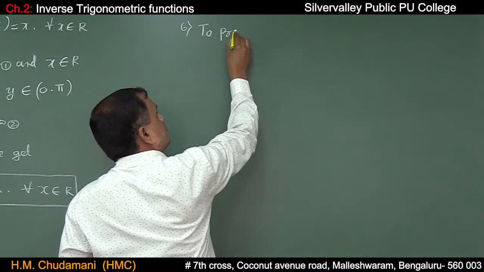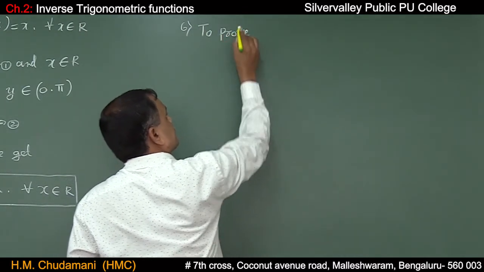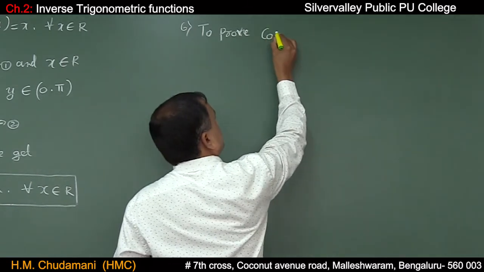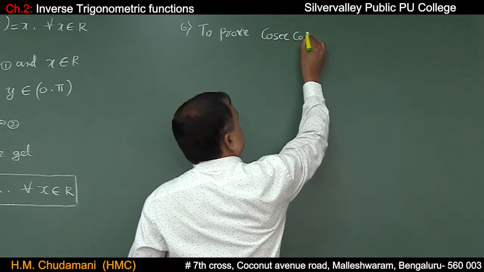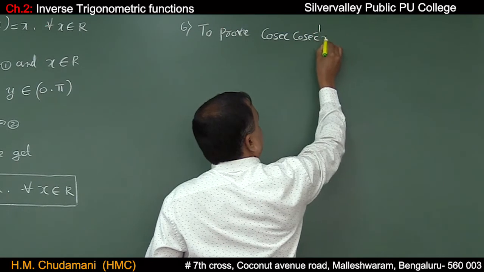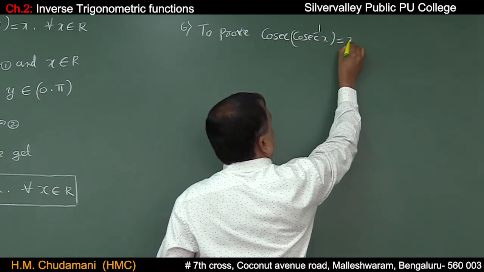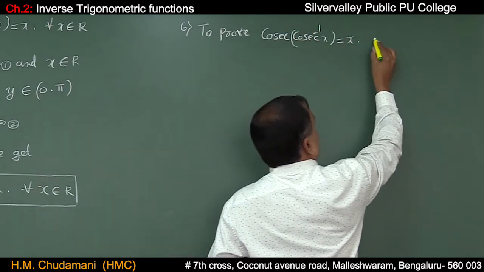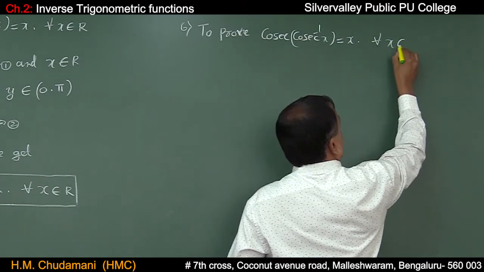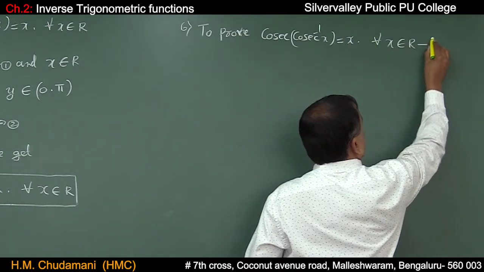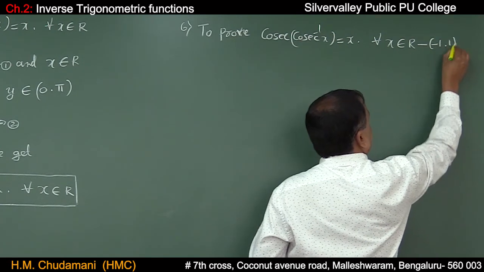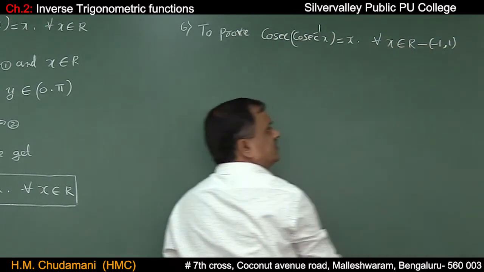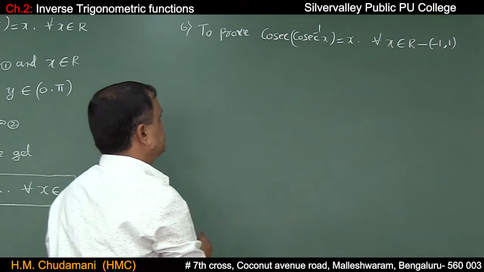To prove cosecant of cosecant inverse x is equal to x for all x belongs to real numbers except minus 1 comma plus 1.